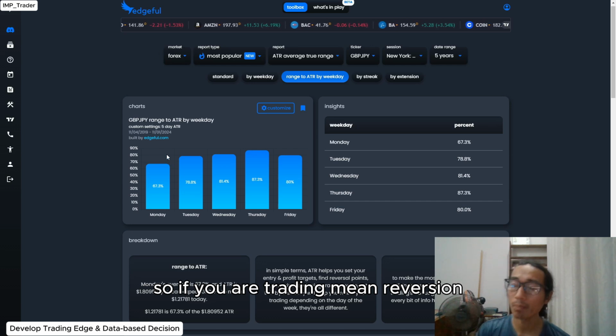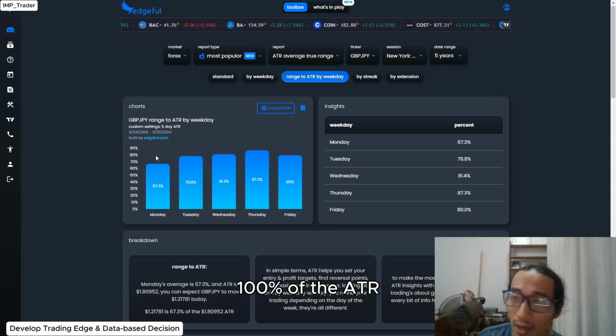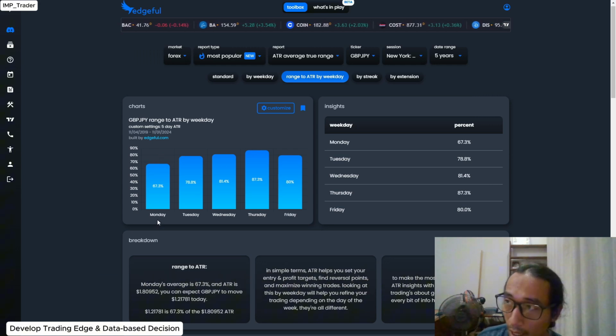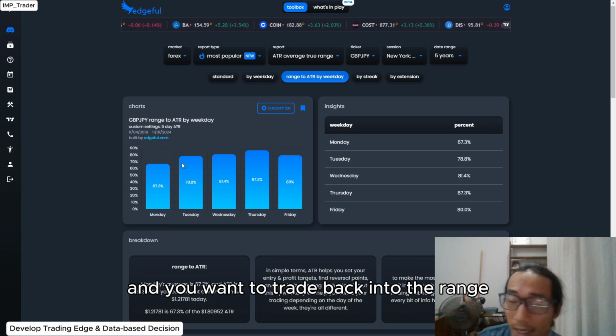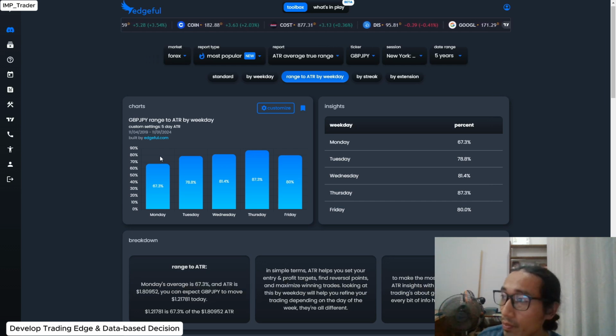So if you are trading mean reversion, you are trading out of the ATR range as price is already at 100% of the ATR, and you want to trade back into the range, then you're going to wait for a reversal pattern to form.